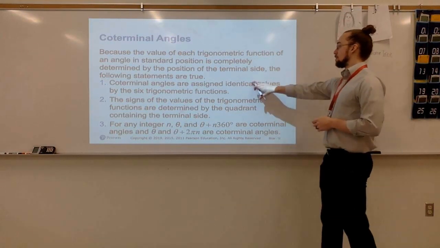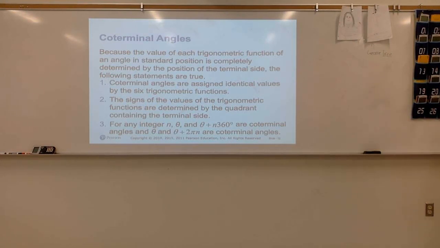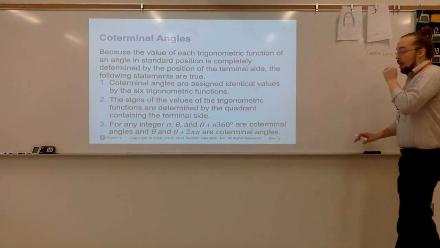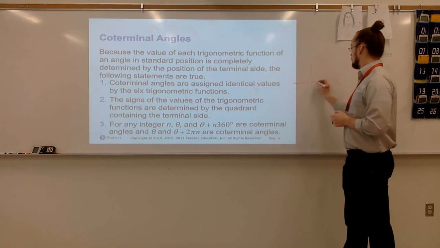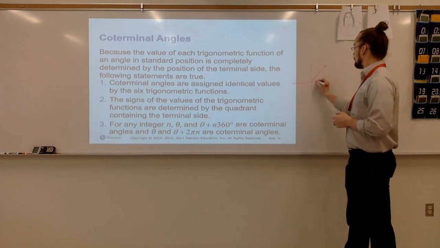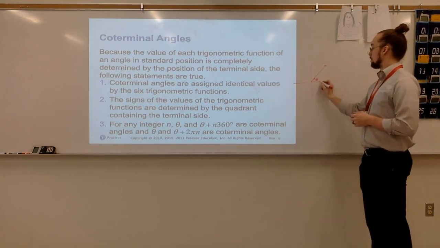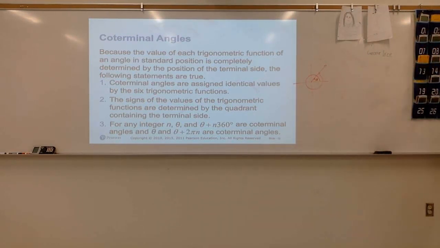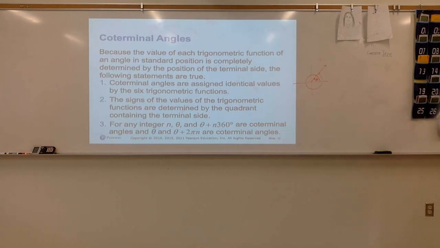So the important thing for this purpose is that coterminal angles have the exact same trig values, the exact same 6 trigonometric functions. So if we have an angle right here, this is my angle theta, a coterminal angle could be an angle that goes around another 360 degrees, or another 720 degrees, just going around multiple times.